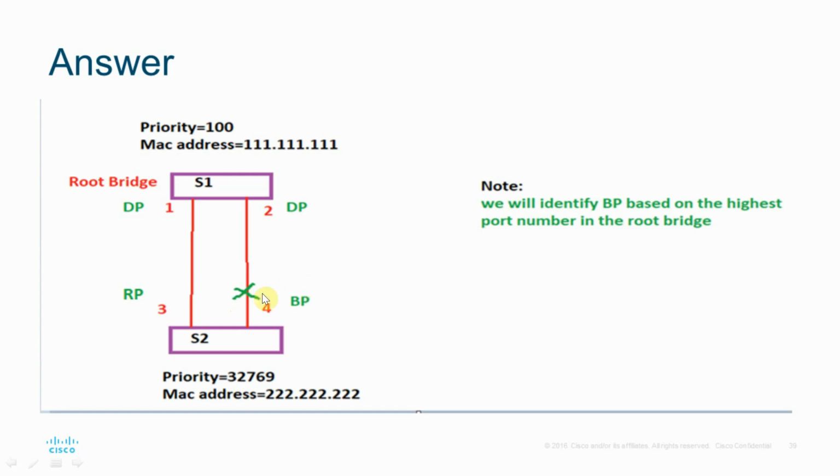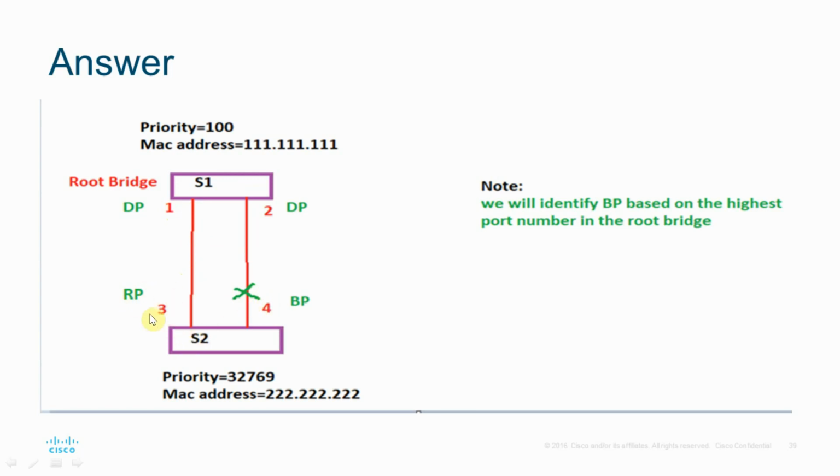See S2, I will take one. Which cable? I have two cables. The cost is also the same, both are Fast Ethernet. Cost is the same, so which one will I take? Consider the port number. See, we have 1, 2, 3, 4. S2 has two ports, 3 and 4.